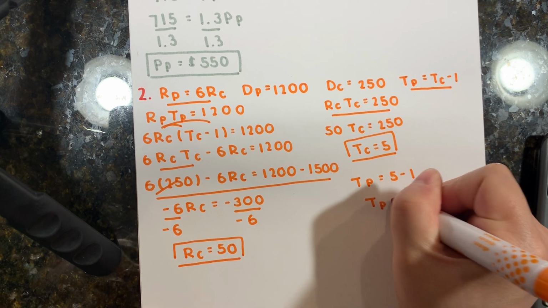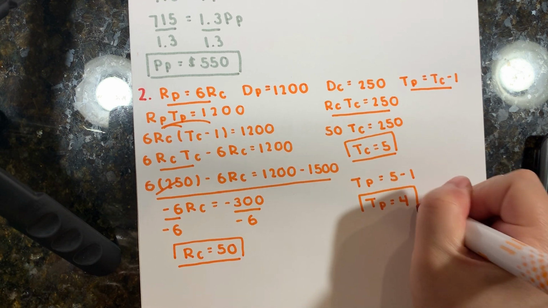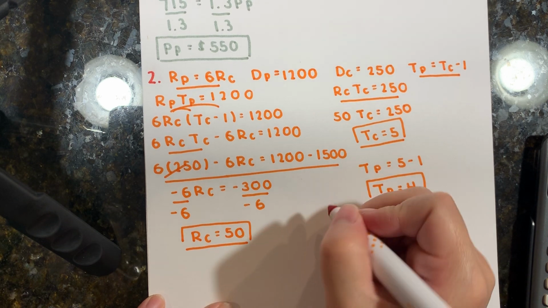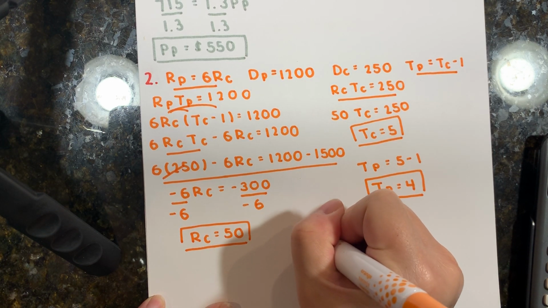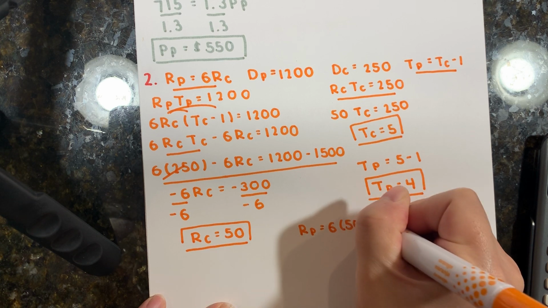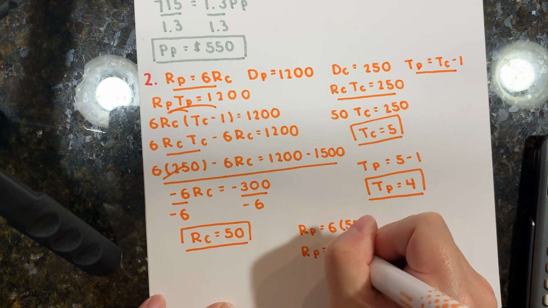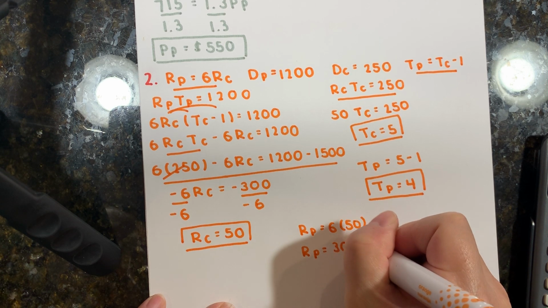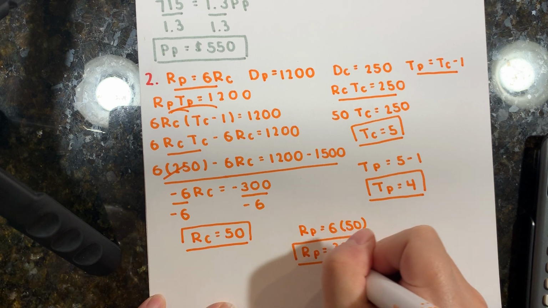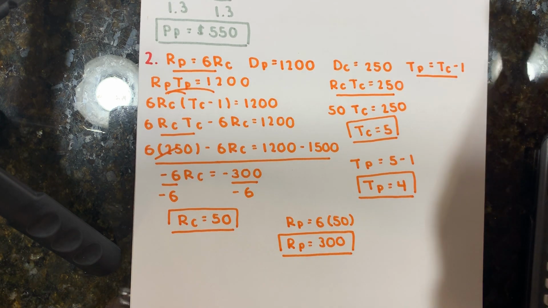So TP equals 4. Then I'm going to take the RC and plug it into there. So that would be RP equals 6 times 50. So RP would be equal to 300. Okay, and that concludes number 2.